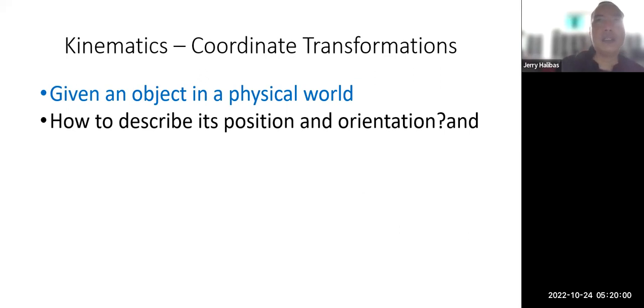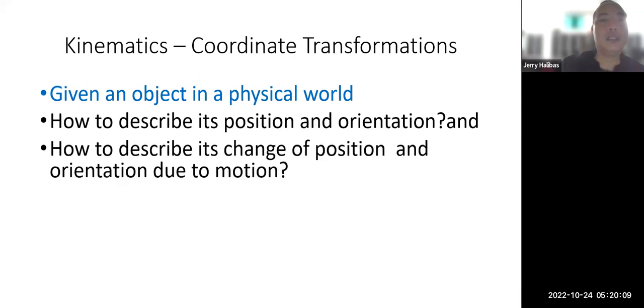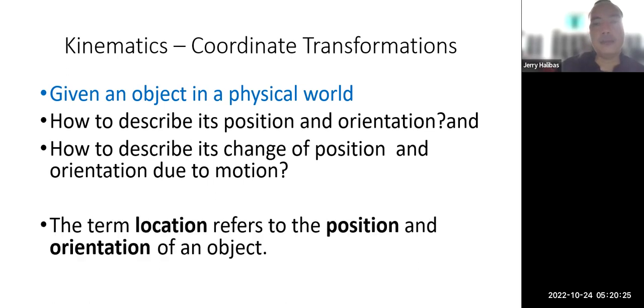So at least the orientation, how it is being positioned in the space, and how to describe its change of position and orientation due to motion. So that's the general objective nato na given an object in the physical world, duha na question. Then the term location refers to the position and the orientation of the object.